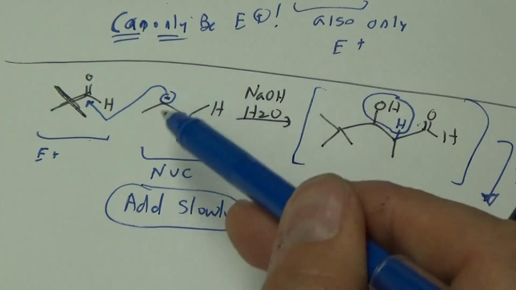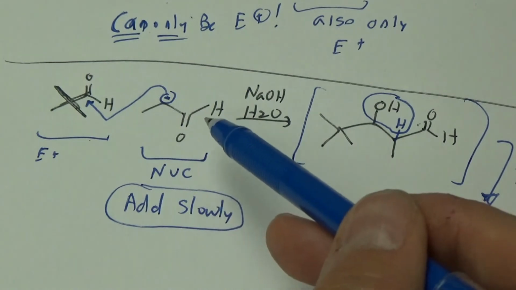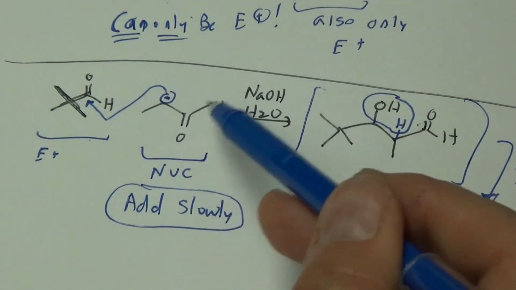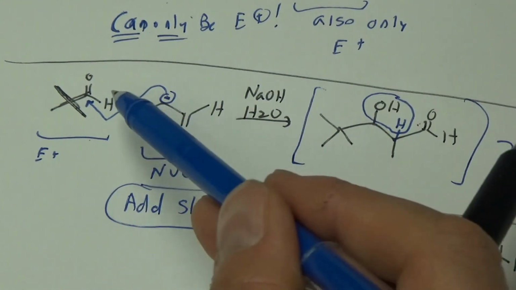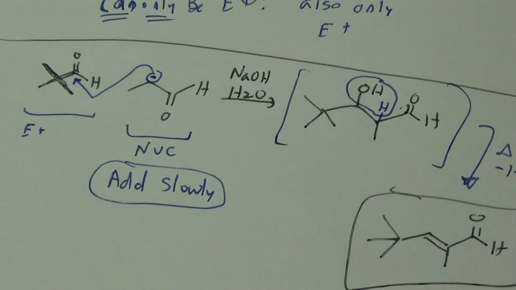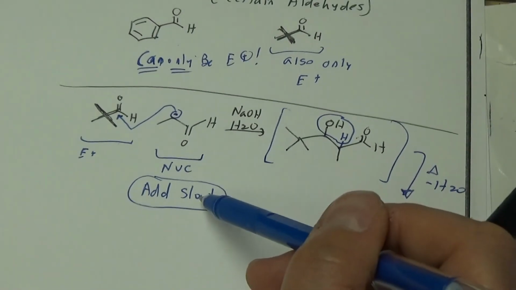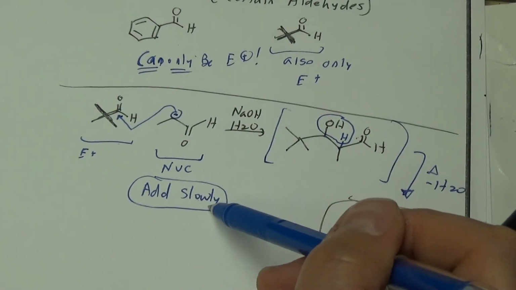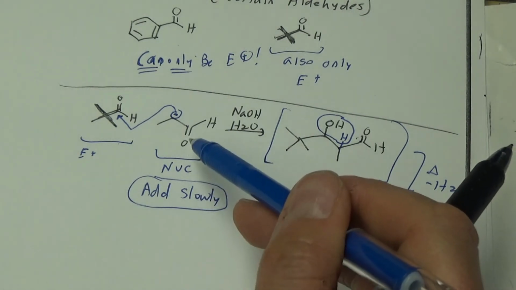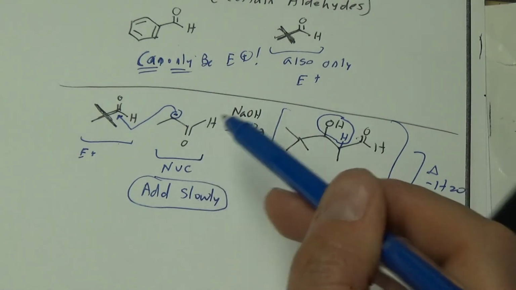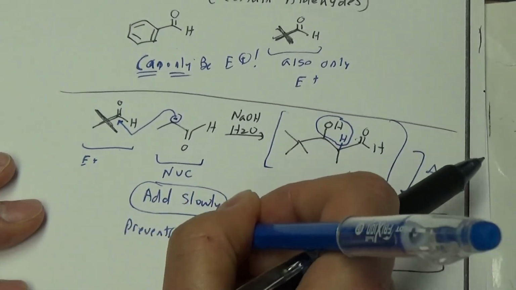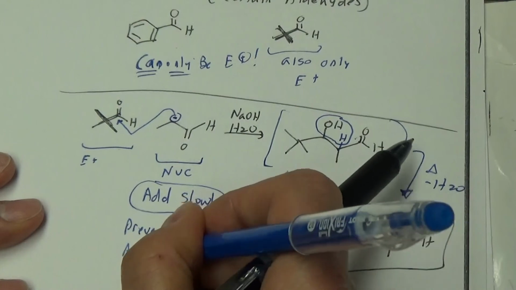When it gets added, it reacts with the base, makes the enolate, and attacks this because there's a lot of it around. And then it does its aldol stuff. So by adding it slowly, this prevents the self-aldol of itself. This prevents it from being a nucleophile and reacting with itself. So that's one of the little tricks we can use.